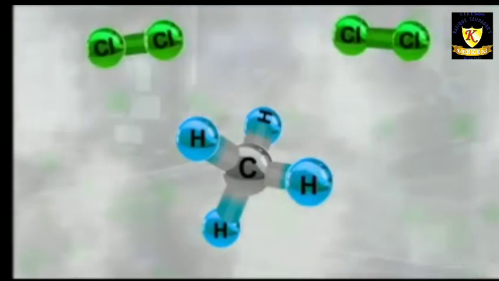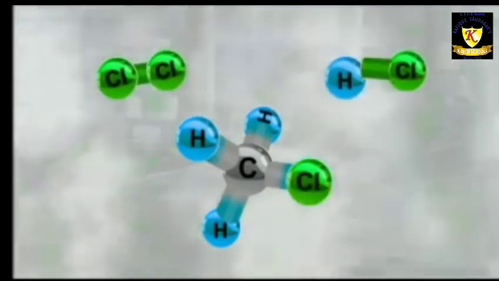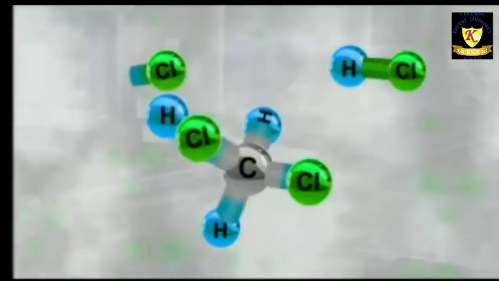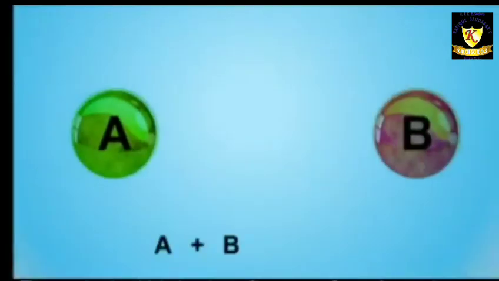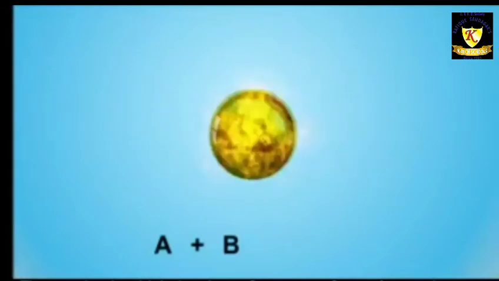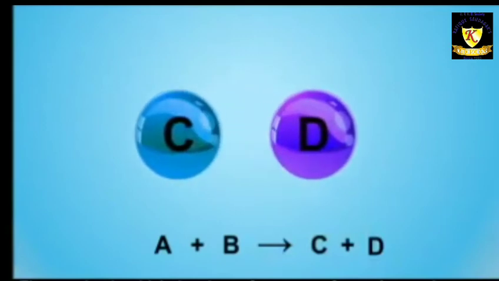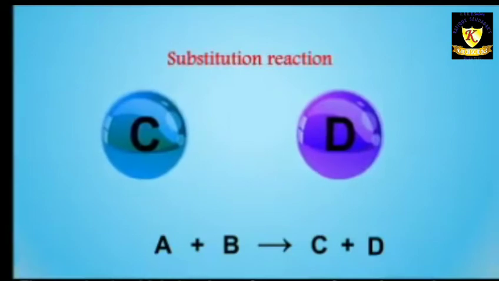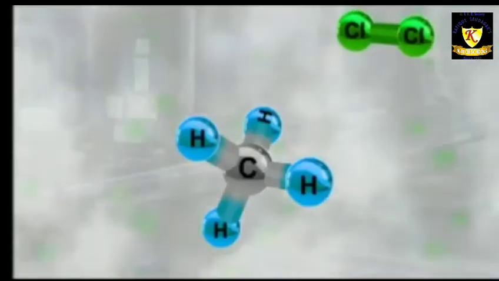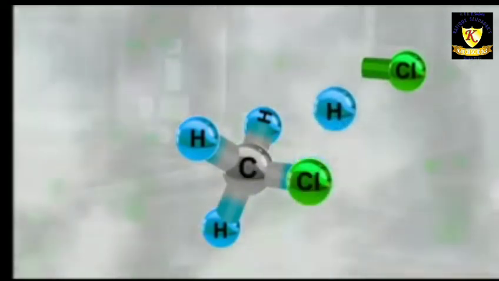In this reaction, chlorine atoms replace one by one all the hydrogen atoms in the saturated hydrocarbon. The reaction in which the place of one type of atom or group in a reactant is taken by another atom or group of atoms is called a substitution reaction. Chlorination of methane is a substitution reaction which gives four products.